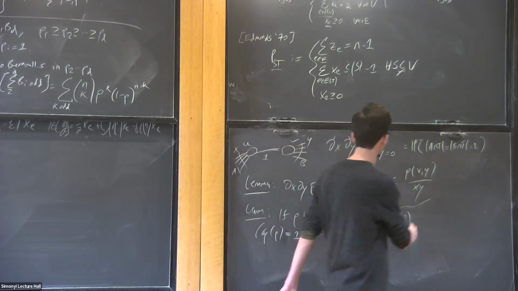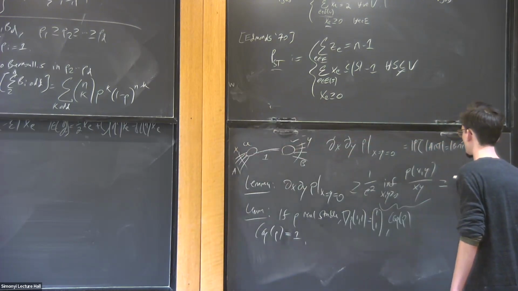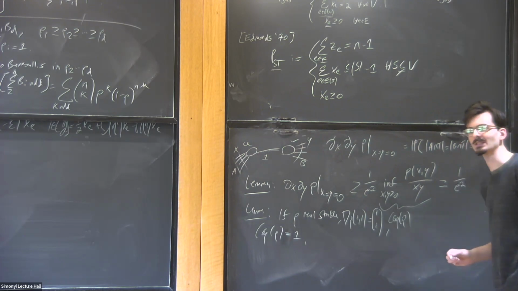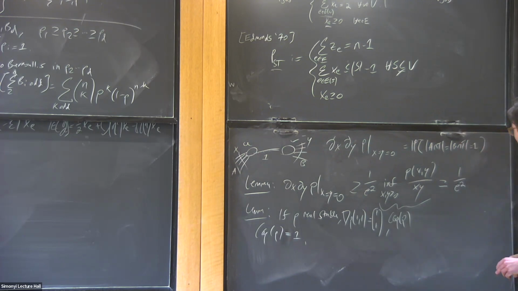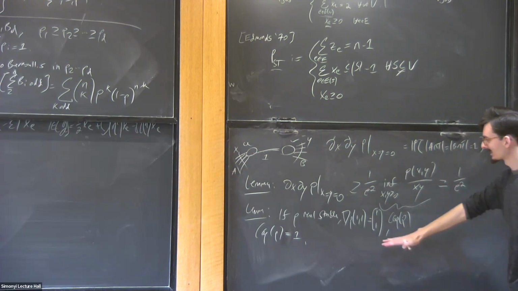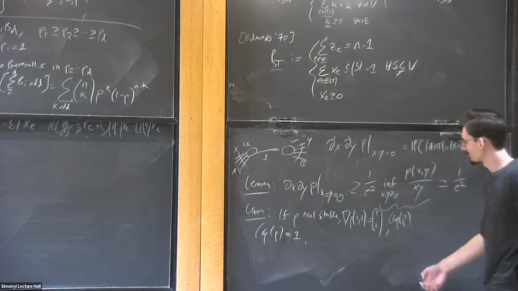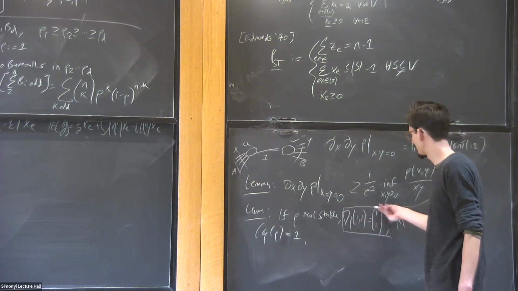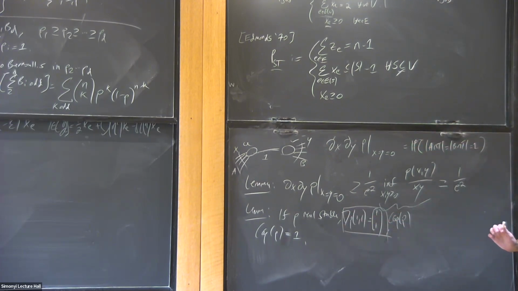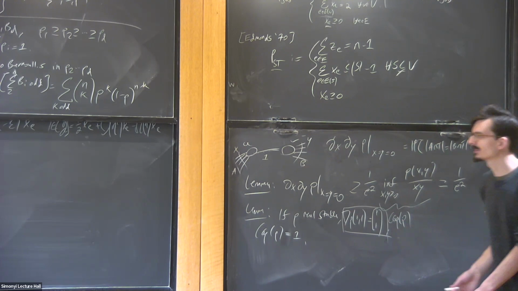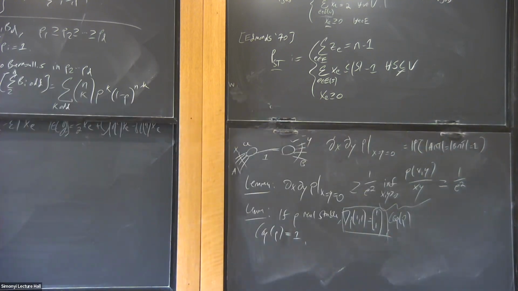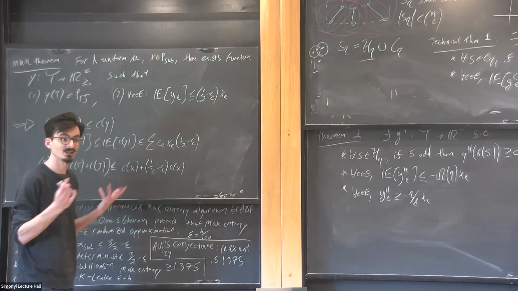Okay, so here you would just get 1 over e squared. Basically, Gurvits's original proof worked in the case where the gradient is exactly equal to (1, 1). And we didn't really know how to generalize it to the case where it wasn't equal to (1, 1), but was kind of close to (1, 1).